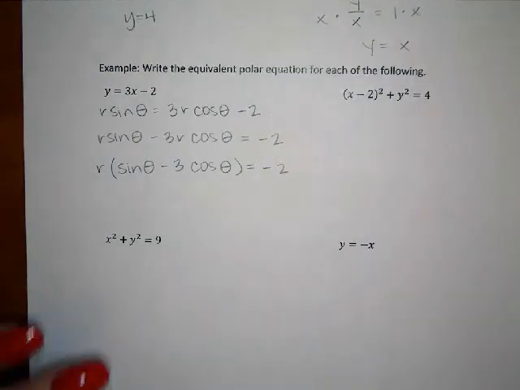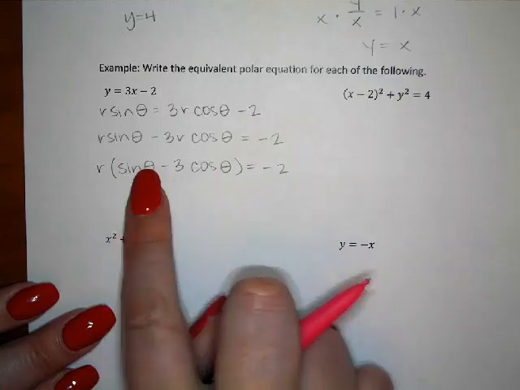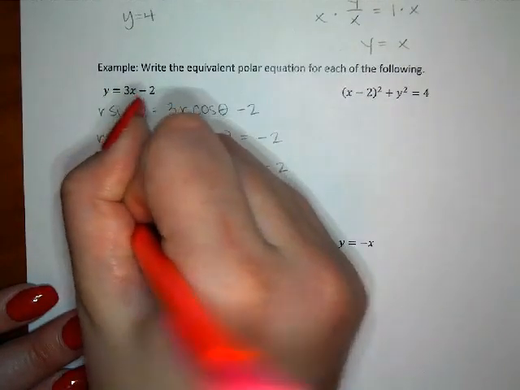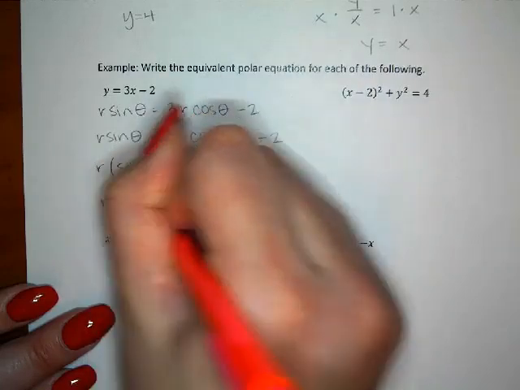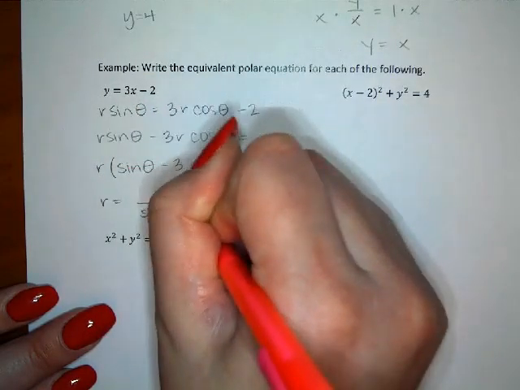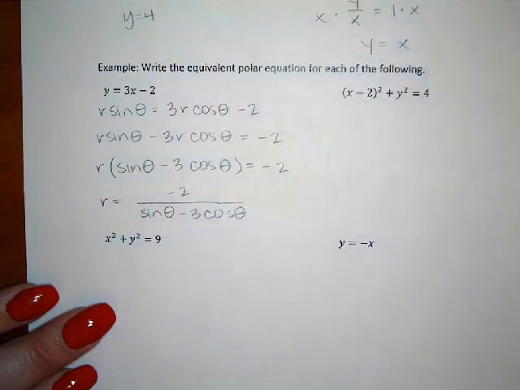And then to get the r alone, I'm going to divide this sine minus 3 cos to the other side. So r equals negative 2 on the top, sine theta minus 3 cos theta on the bottom. And this isn't quite a recognizable equation.